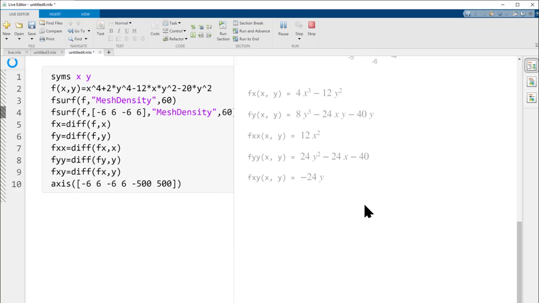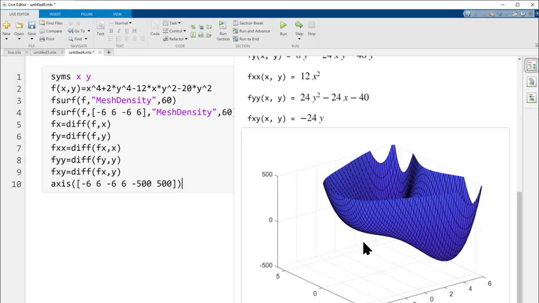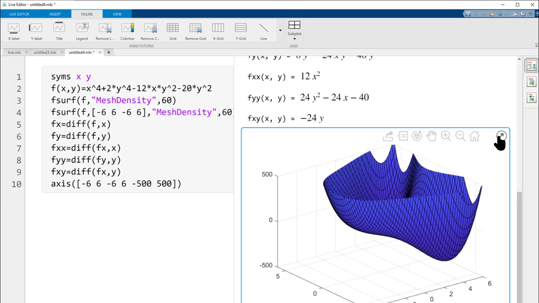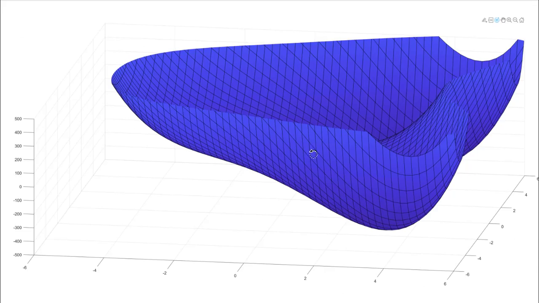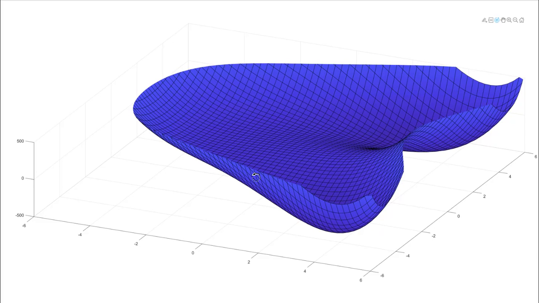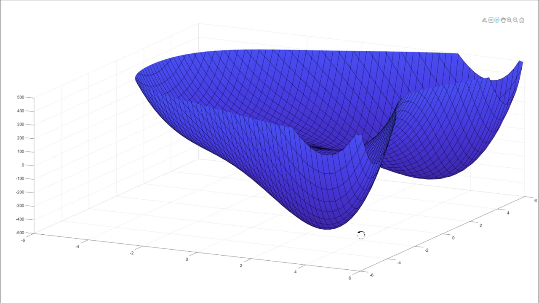So I did Control Enter, and then the graph should come up. Okay, and here it is. And I am just going to bring the graph in from the figure window. So here we have a graph: at 0, 0 we have a saddle point, and there are two minima.